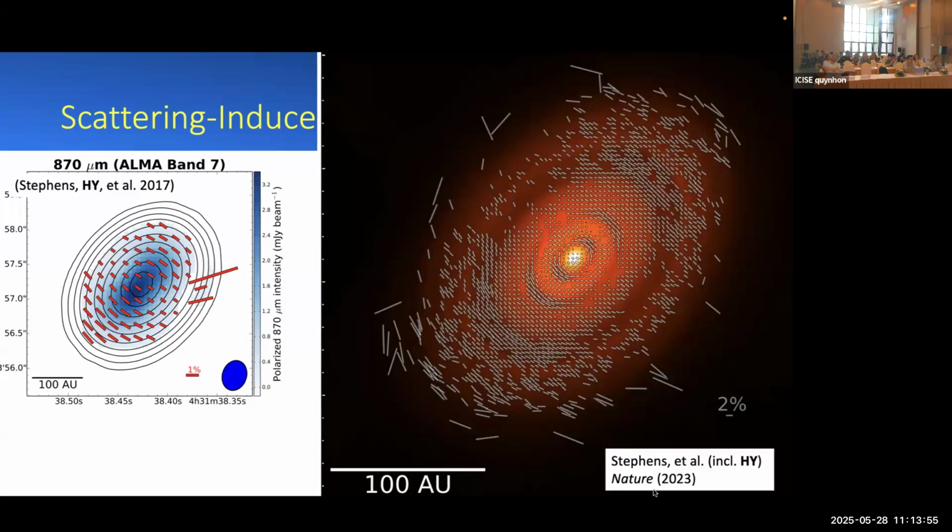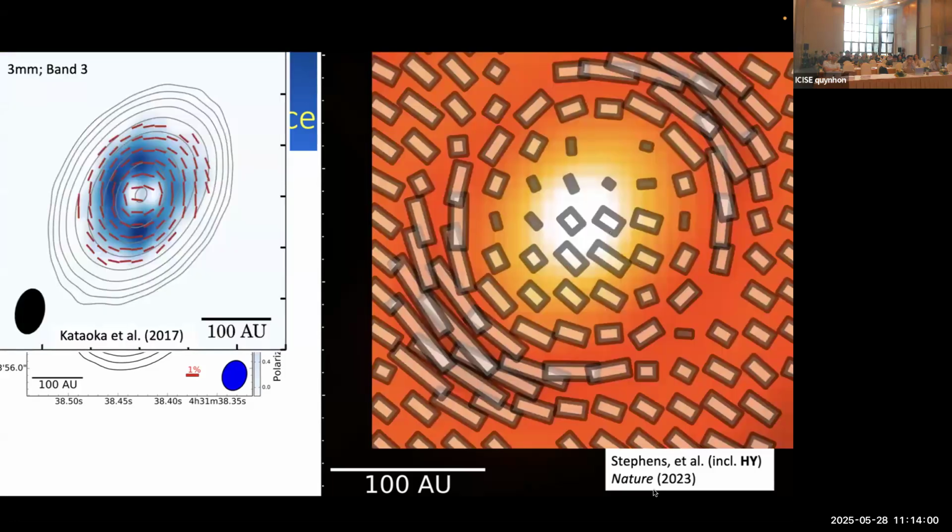And the most striking detail, of course, is the transition of patterns from the uniform patterns on the larger scale to the azimuthal patterns on the first ring, on the first gap. I will go into this kind of azimuthal pattern in more detail later. I would like to note that it is similar to what we see at ALMA band 3, which is indicative of grain alignment, and indicative of either the magnetic field or the differential motions of gas dynamics.